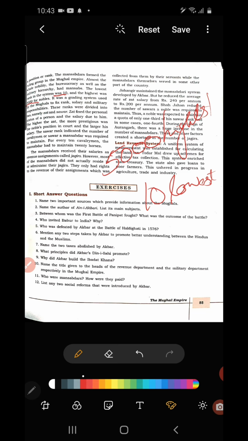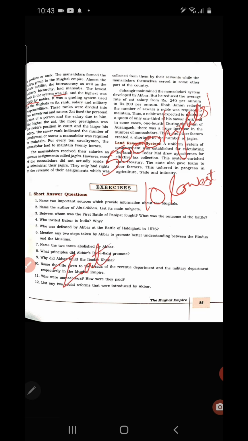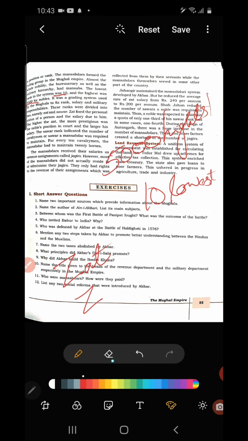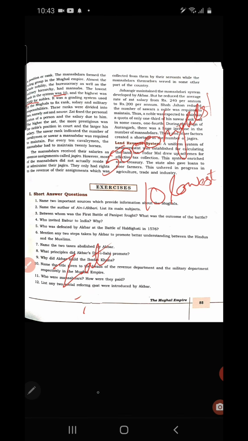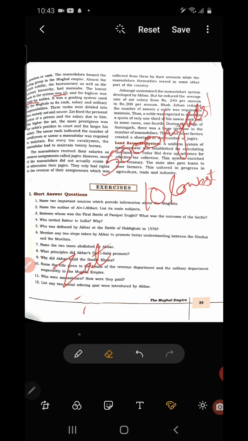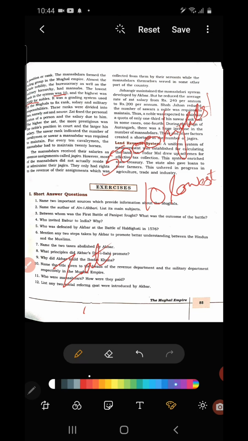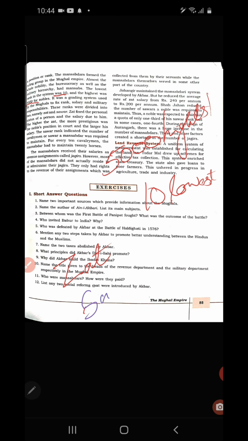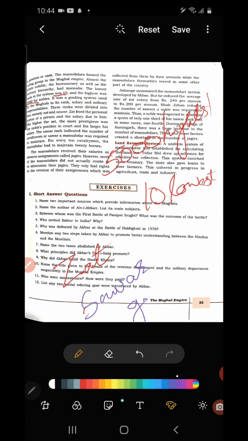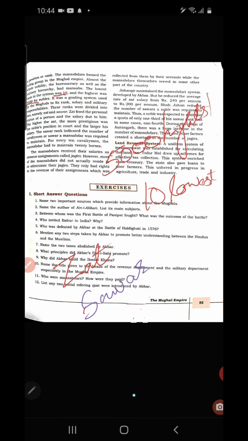Then you have to remember three words about Mansabdari: Zat, Sawar and Jagir. These are the terms you have to remember under the Mansabdari system.